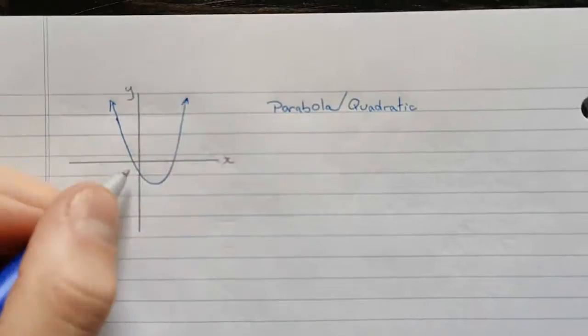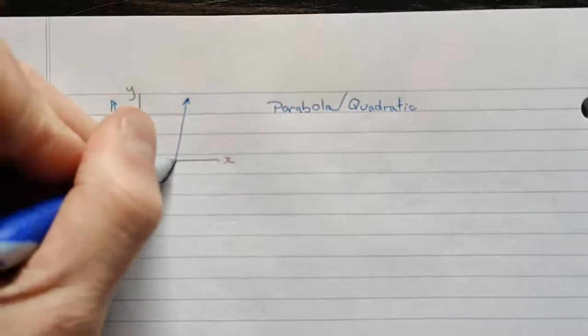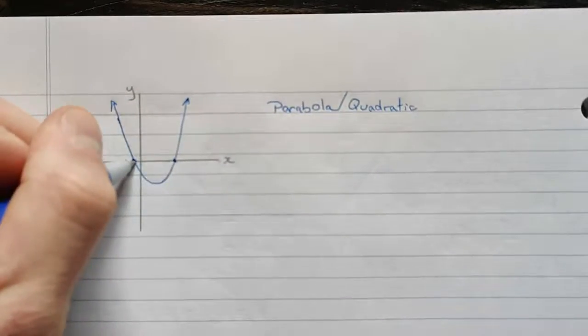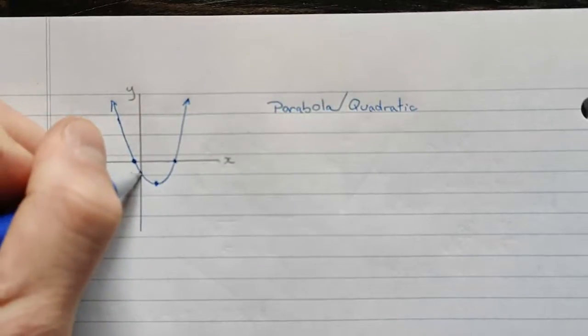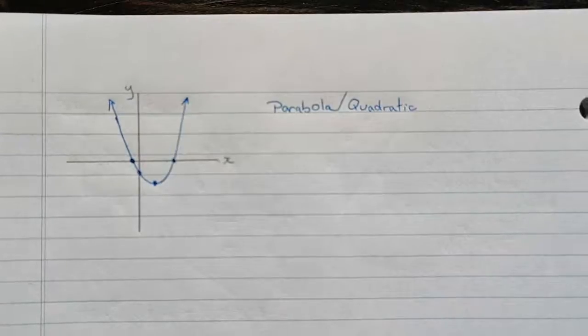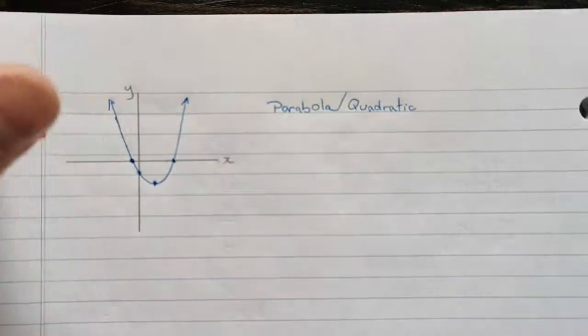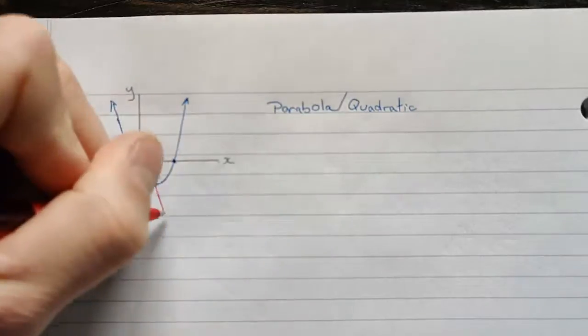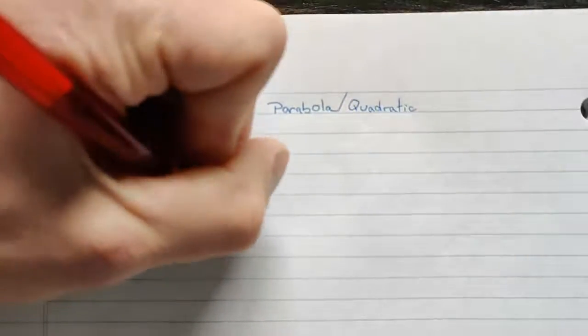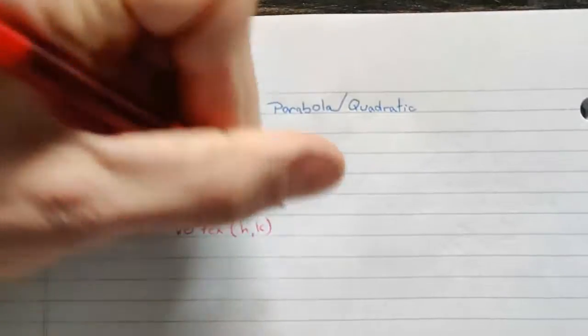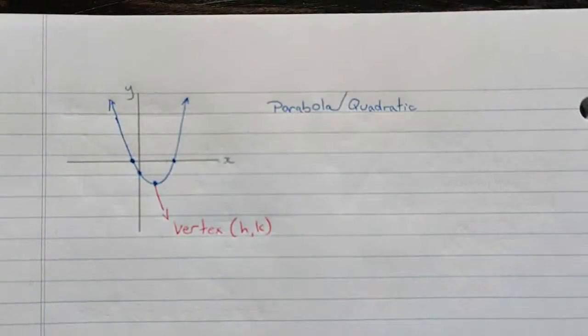And then we have our key points here: the x-intercepts, vertex, y-intercept, and there's a couple others. So first off, this is the vertex. We often label it as (h, k), which is in the next note there.